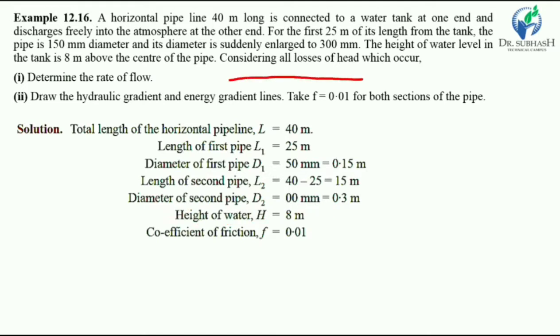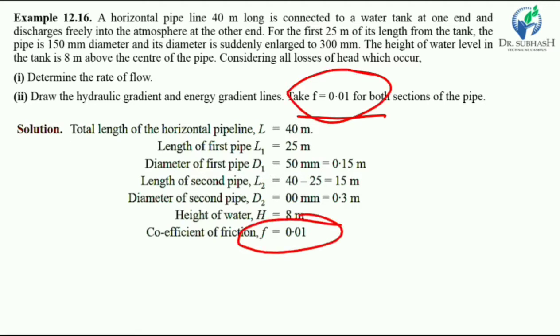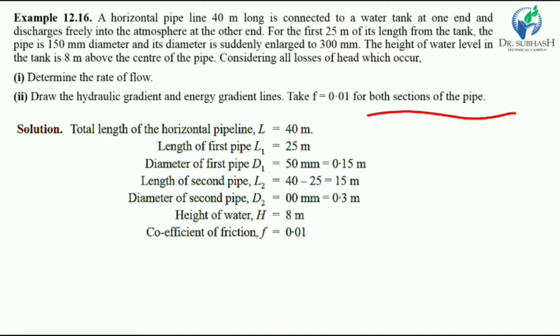Now, considering all losses of head which occur, first determine the rate of flow, and second, draw the hydraulic gradient line and energy gradient line. Take f equal to 0.01 coefficient of friction. 0.01 is given for both sections of pipe. This is a constant for any section of pipe.